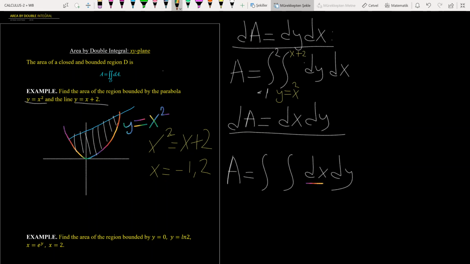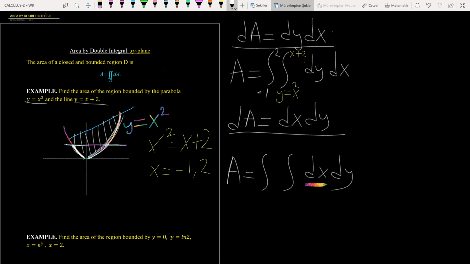Since we first write dx here, we draw a parallel line to the x-axis. This is the parallel line to the x-axis. If you draw from here, be very careful: this is the left curve, and the right curve is that part.